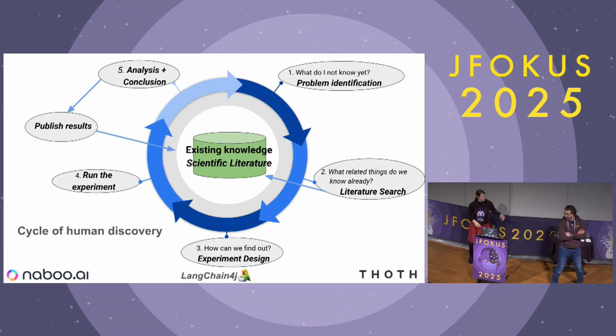So yeah, let's take a moment to understand how humans approach discovery. The process starts with a question. What don't we know yet? Researchers identify a problem that they want to tackle and dive into the scientific literature to find a solution.